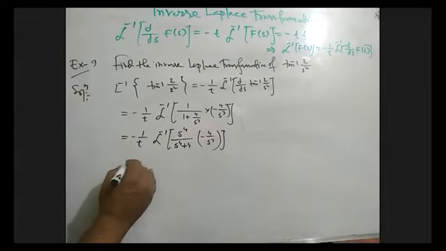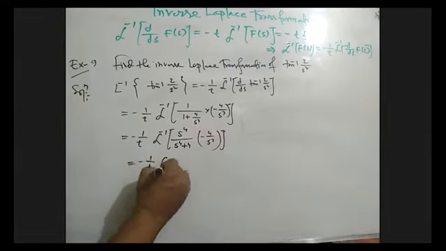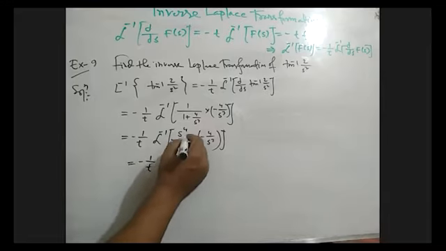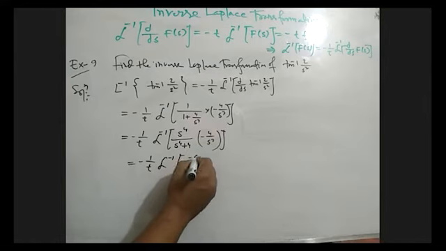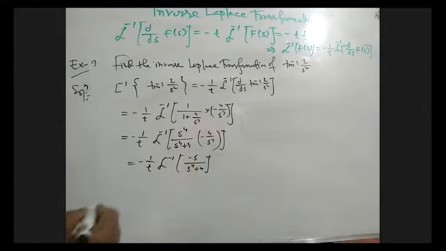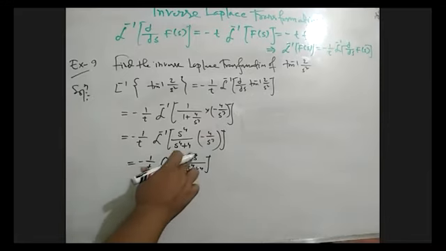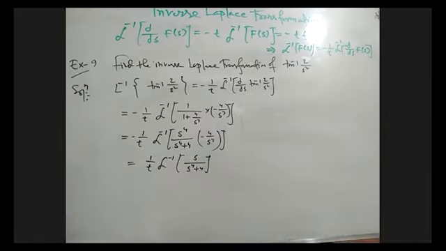So this equals minus 1 by t inverse Laplace transformation of minus s divided by s to the power 4 plus 4. And this minus will be cancelled, so we get only s divided by s to the power 4 plus 4.